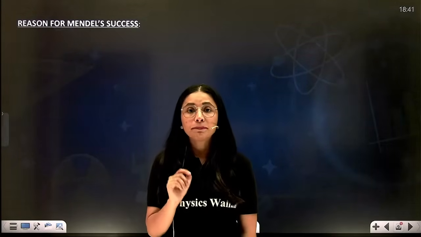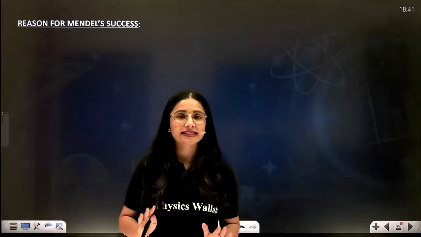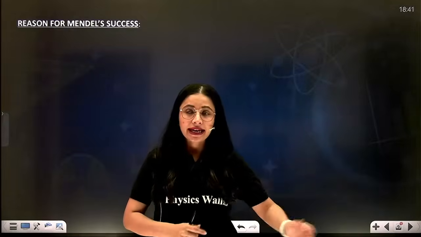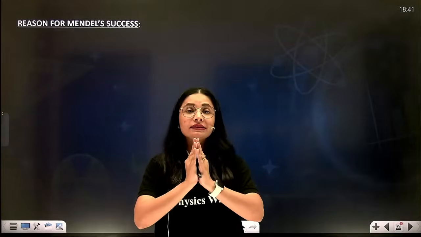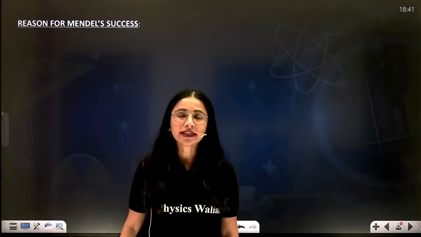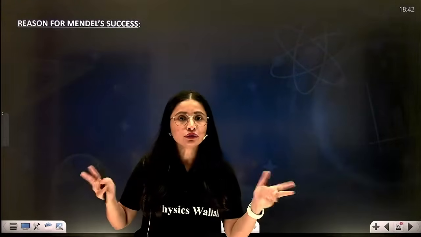Third, beta, pea plant shows self-pollination by showing bud pollination. What? Pea is a bisexual flower. Now what happens? I have already taught you this in our last chapter. One of the contrivances of self-pollination is bud pollination. So when the flower is in its bud stage, at that time only pollination takes place. Hence, when selfing was required, Mendel had to do nothing.